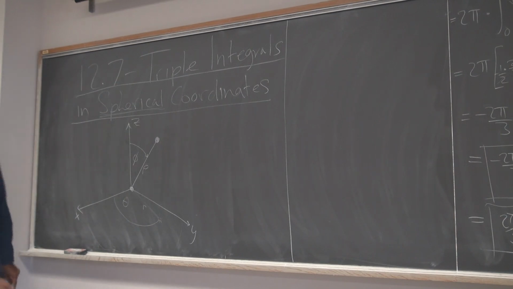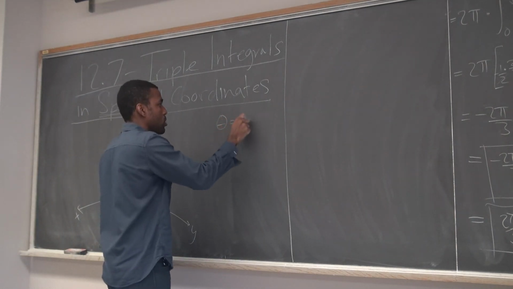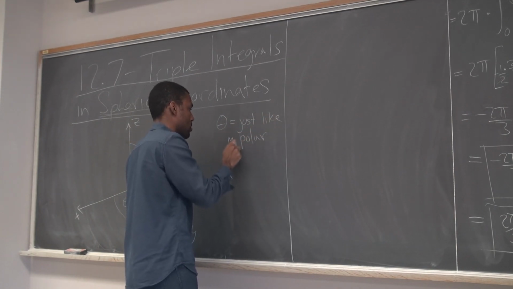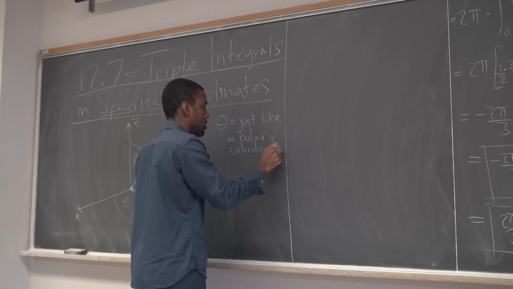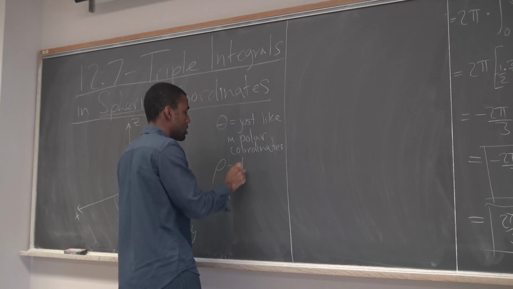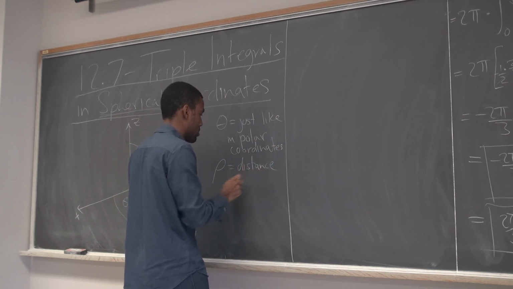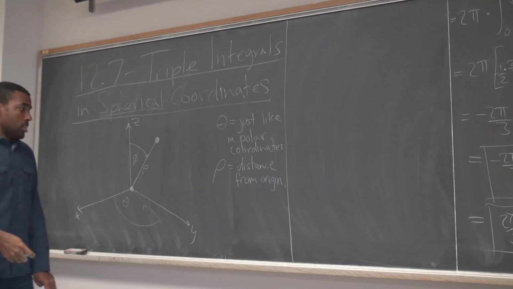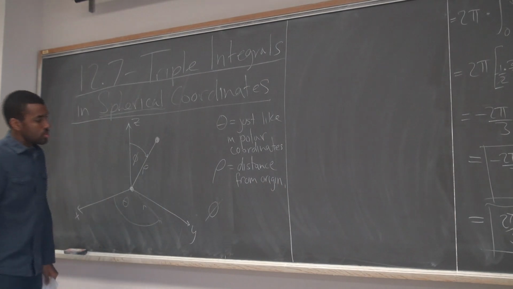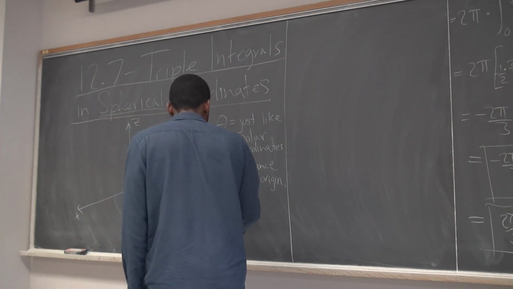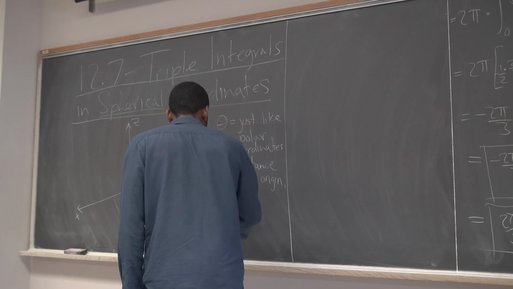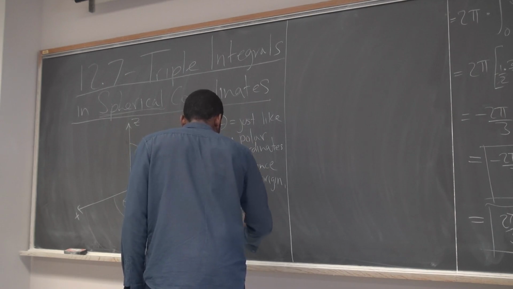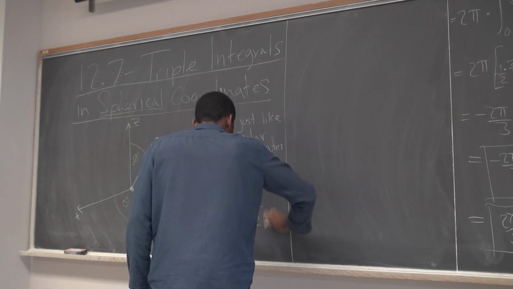Okay, so theta, just like in polar coordinates. Rho is the distance from the origin. The really new guy is phi, which is this angle.